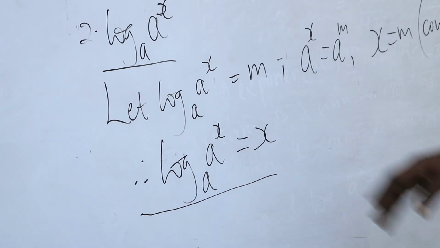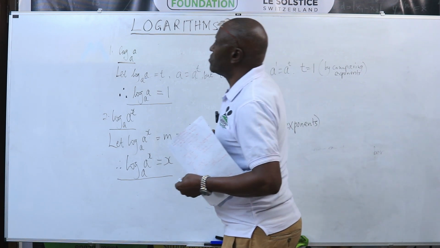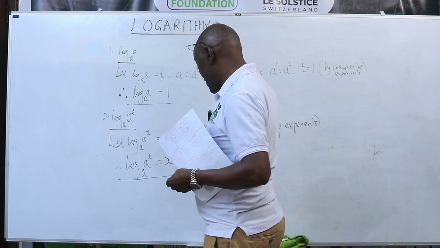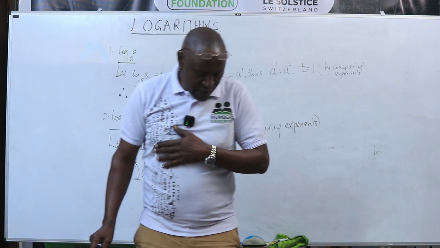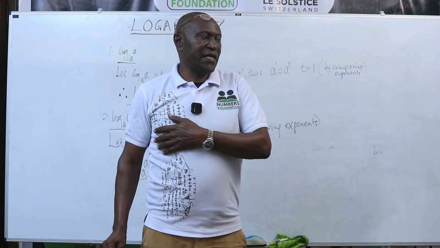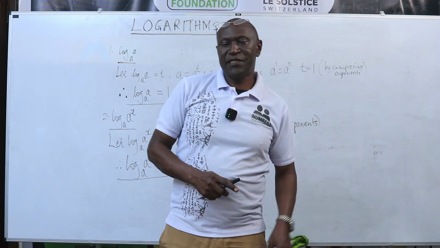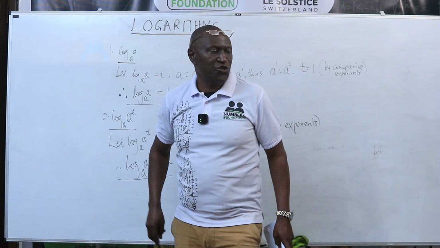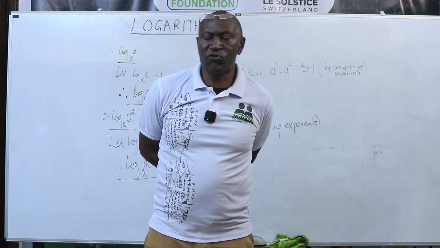After having this foundation, we can now look into laws of logarithms. Laws of logarithms take us into 4 categories: category of product, category of quotient, category of power, and category of root.